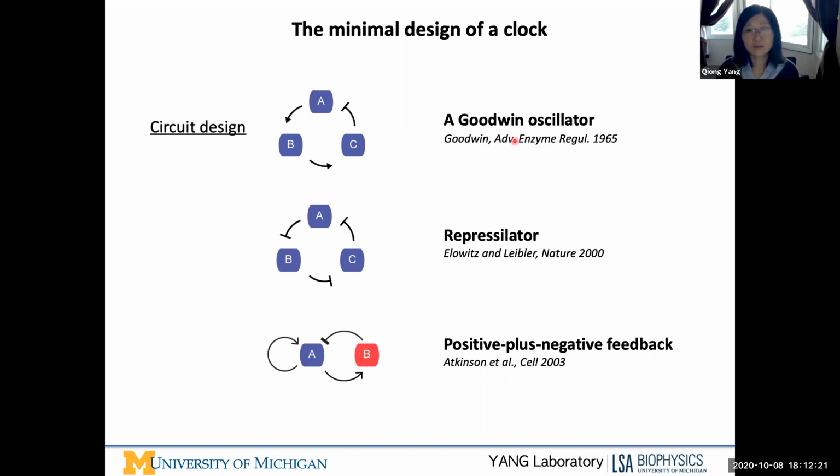In theory, we can build a very simple oscillator that contains only a single negative feedback loop with sufficient time delay. So here, for example, we can have this little topology with A as a gene, which transcribes into the mRNA as the B node here.